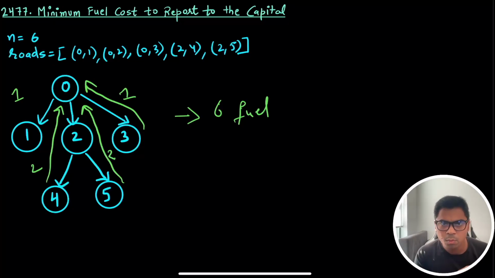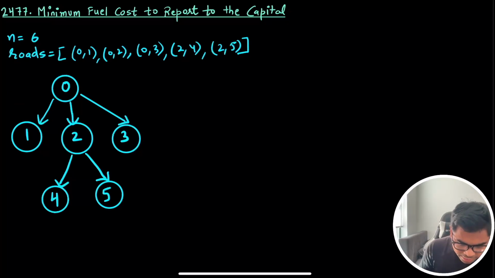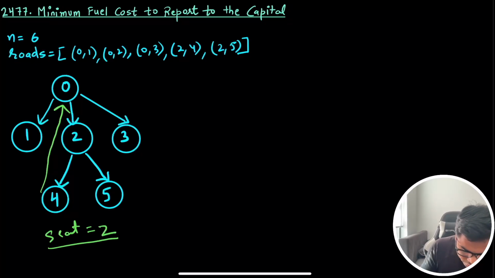But what if we could do carpooling? That's what we have been asked to do. We do not want these representatives to travel in their own car, because there are cars passing through city 2. So if the representative from 4 is going through 2 to 0, to the capital city, and this car has, let's say, seats equal to 2, then it can pick up this person.